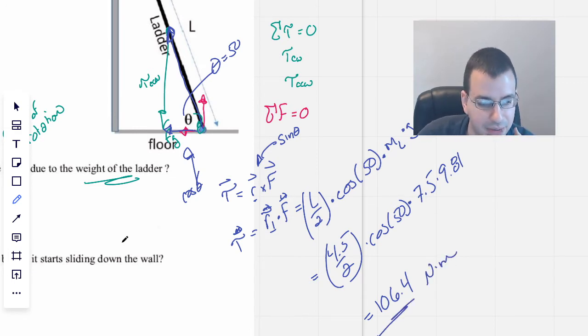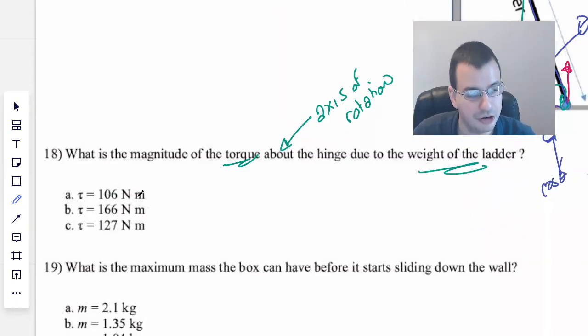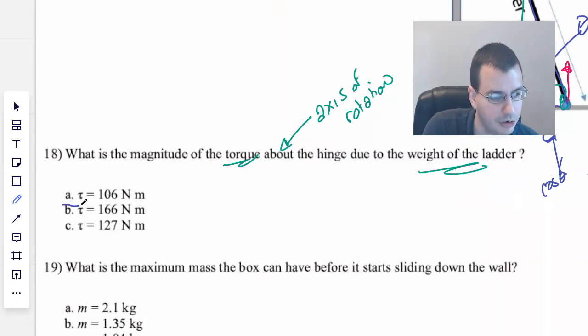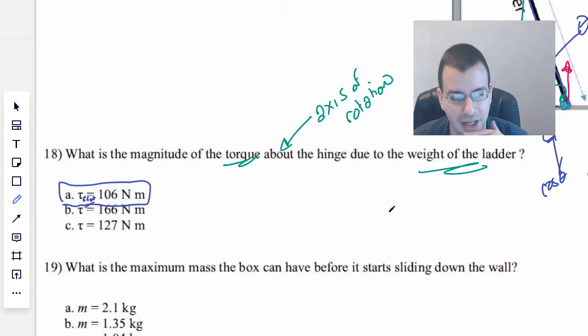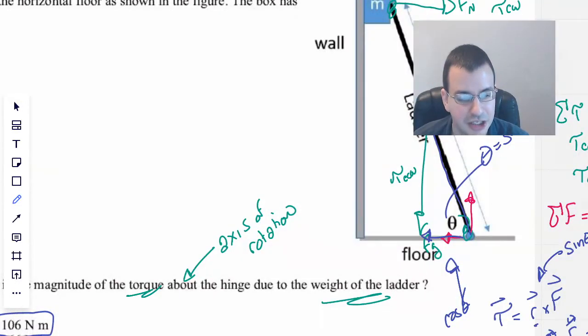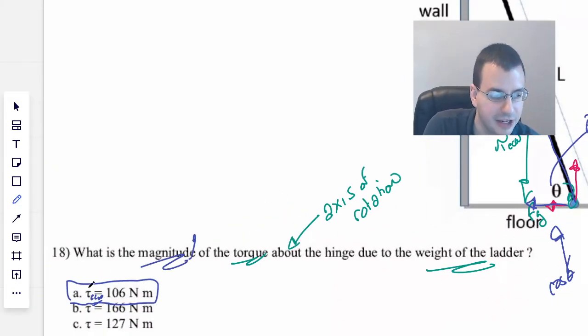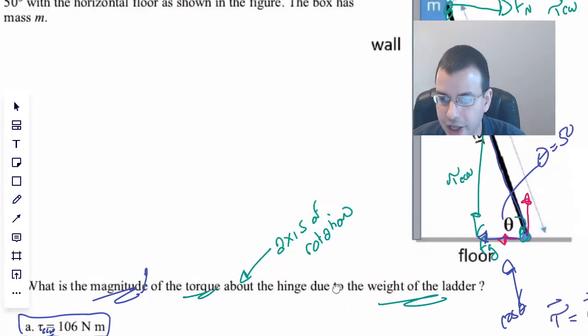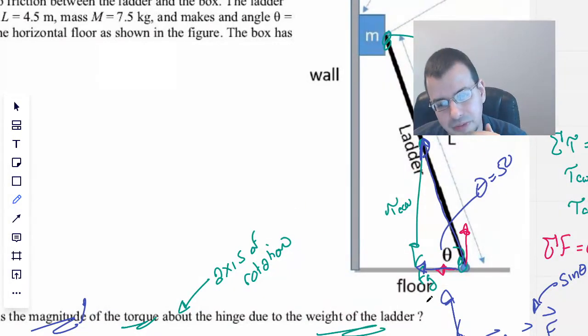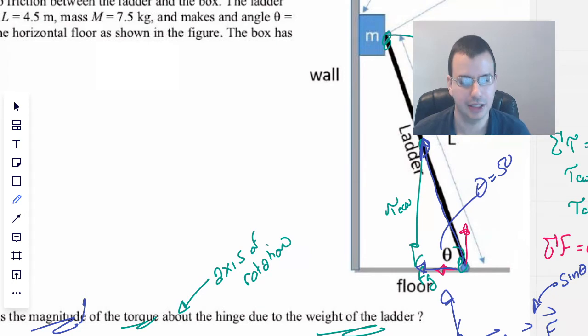Let's see if that's a possible answer. 106 is, and that's what I'm going to go for. And just to be a little bit extra careful, counterclockwise. You don't need to write that in, because they ask for the magnitude. So making it a vector, counterclockwise. Yeah, I like that a lot.